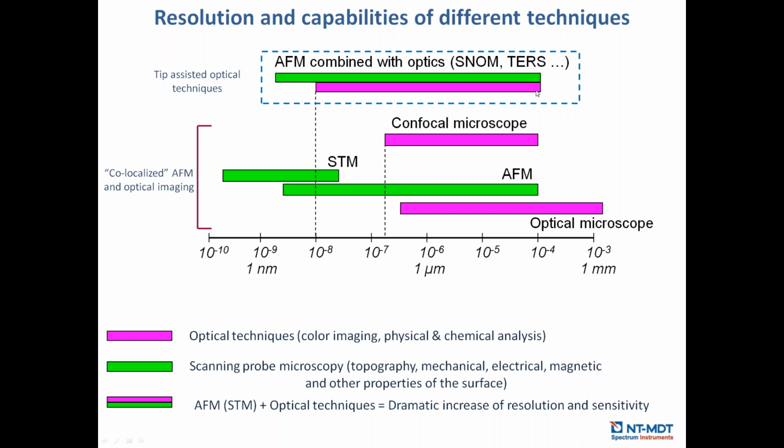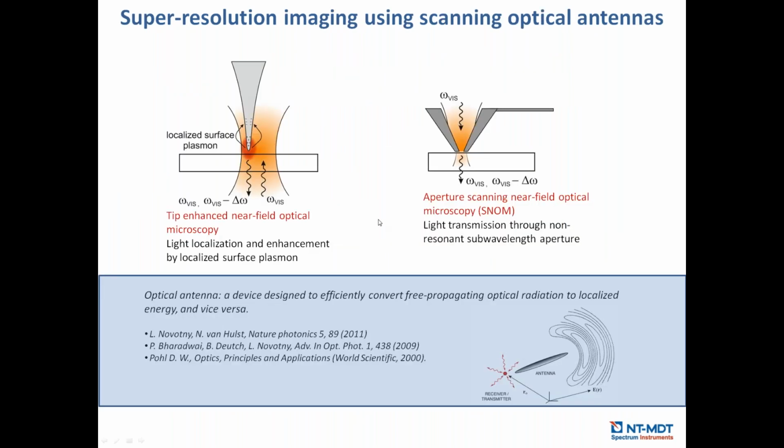For example, the first technique is so-called tip-enhanced Raman scattering, when we use a metallized tip or metal-edged wire to locally enhance the electric field by surface plasmon resonance, and therefore to localize the interaction between the light and sample.